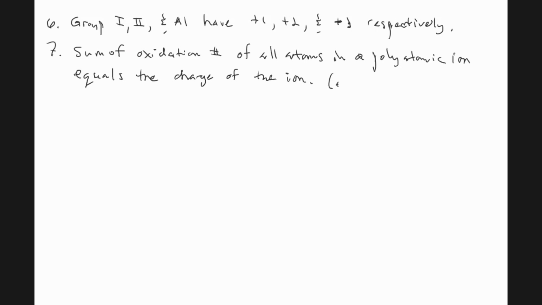Let's take a look, for example. Think of bicarbonate, HCO3 minus, right? Oxygen is the most electronegative, that's -2. Hydrogen we know is always +1 since it's not connected to a metal.